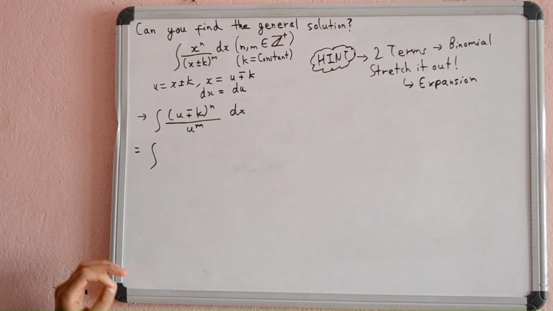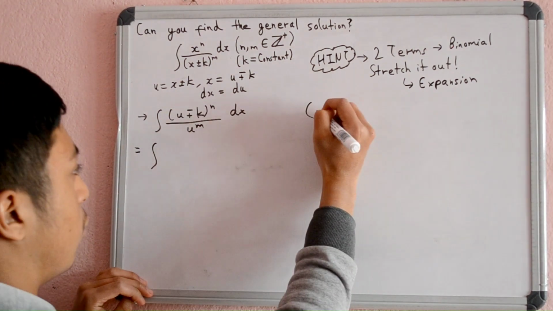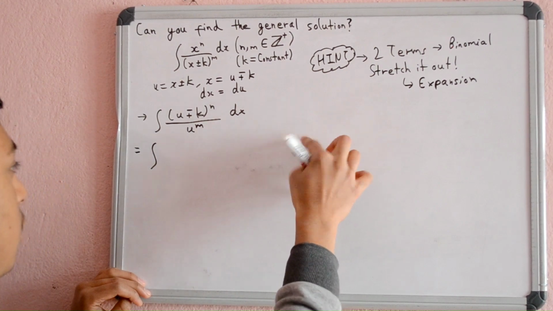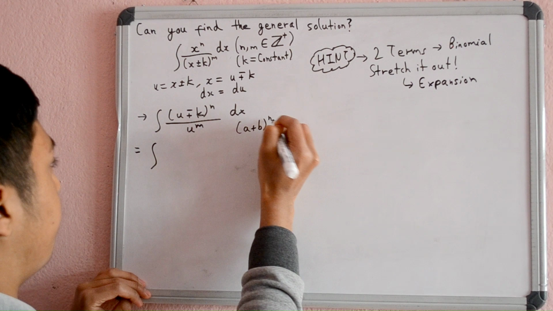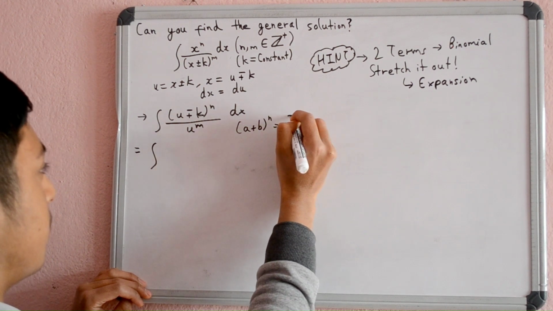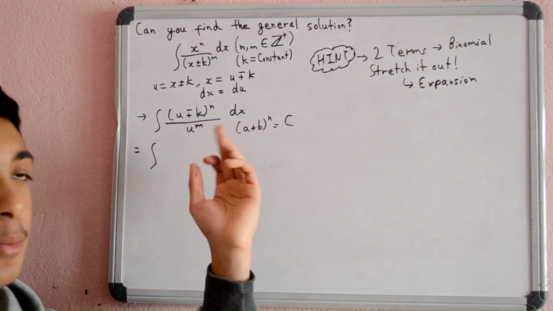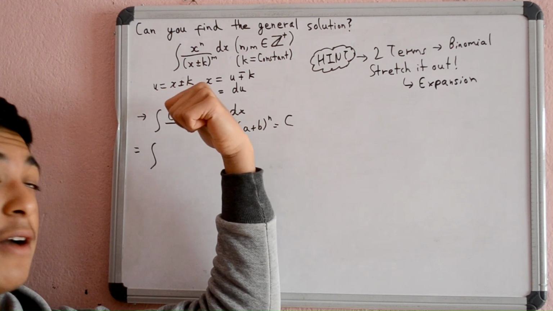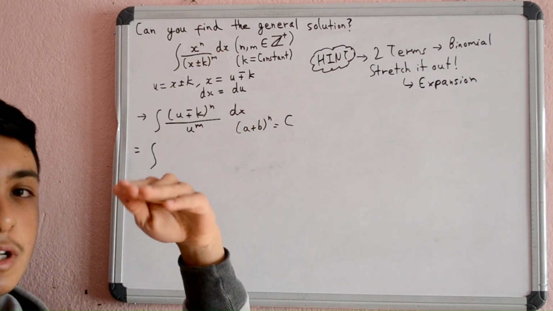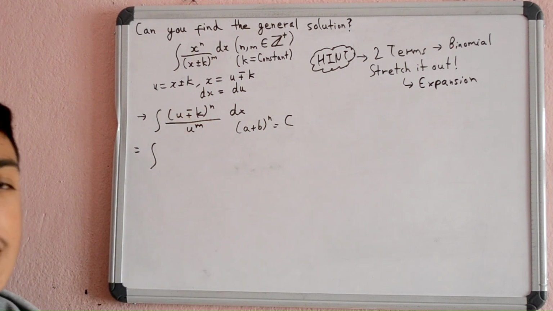So I'm going to do it for a simple one over here, a plus b to the power n. For the positive version, remind you here we have minus and plus, so we need to account for both cases.